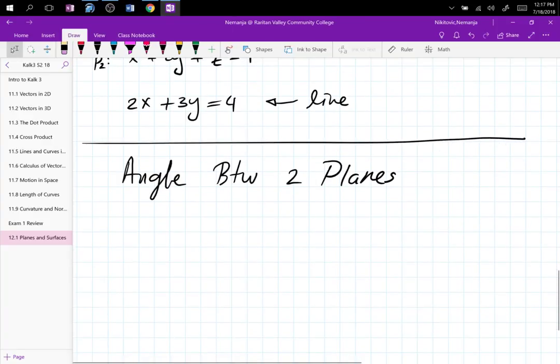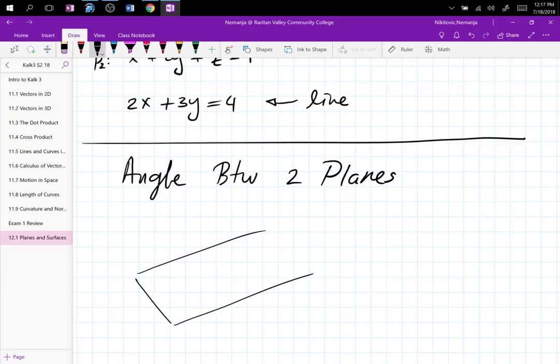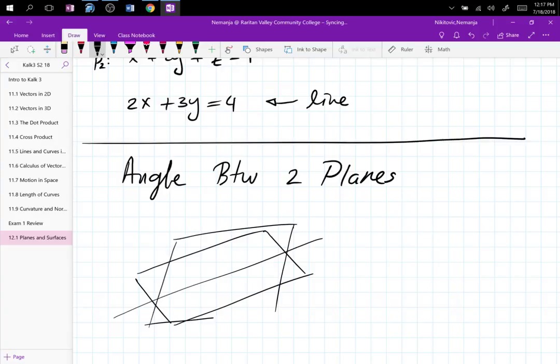How would you find the angle between two planes? You have two planes intersecting. It's a terrible drawing.